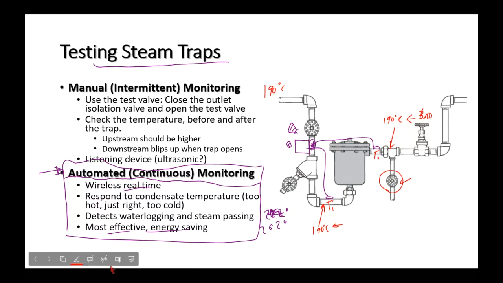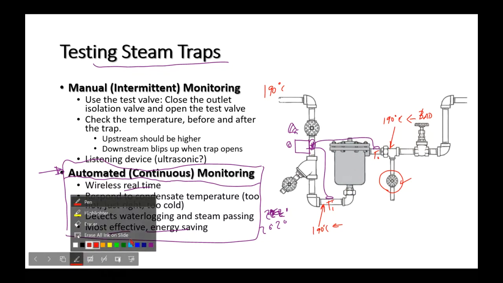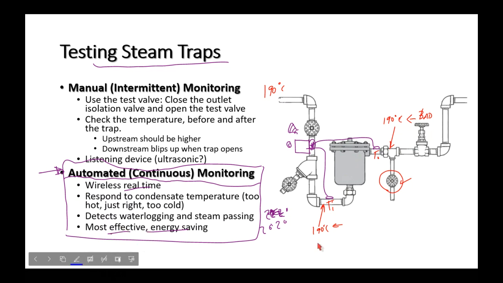Now, what if I measure the temperature at the inlet and my temperature here is 90 degrees Celsius? And I measure the temperature here and it's, I don't know, 85 degrees Celsius.